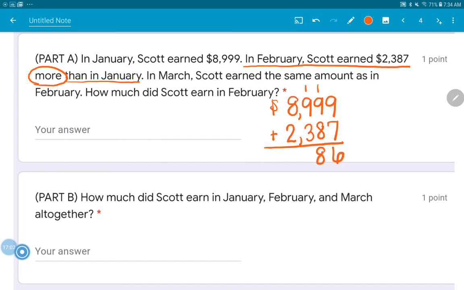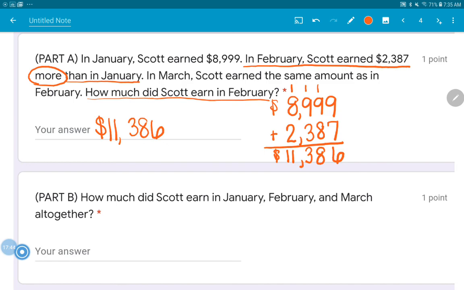Write down the 8, carry the 1. 1 and 9 makes 10, plus 3 is 13. Carry the 1. 8 and 2 makes 10, plus 1 more is 11. So in February, Scott earned $11,386. So that answers our question for this part. How much did Scott earn in February? In February, Scott earned $11,386.